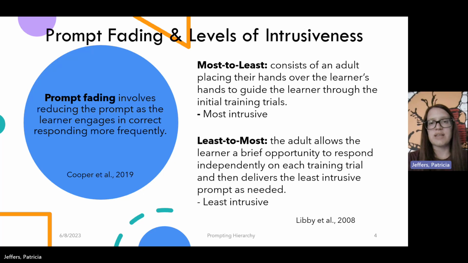The second procedure is that of least to most prompting. This consists of an adult allowing the learner a brief opportunity to respond independently on each training trial and then deliver the least intrusive prompting as needed. If the learner responded incorrectly, then the adult works up the prompt hierarchy until the learner demonstrates the desired skill.